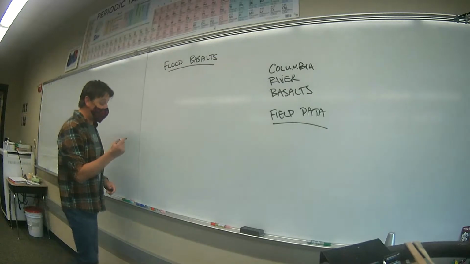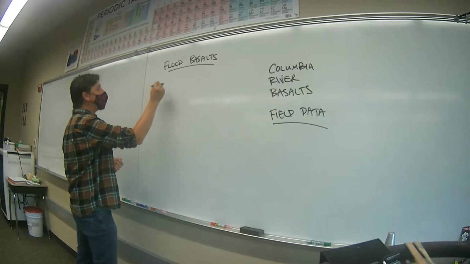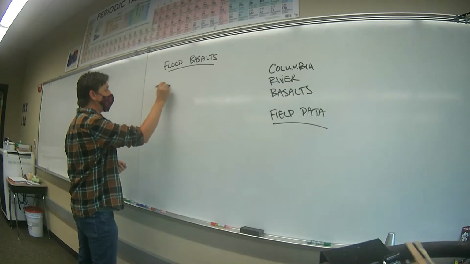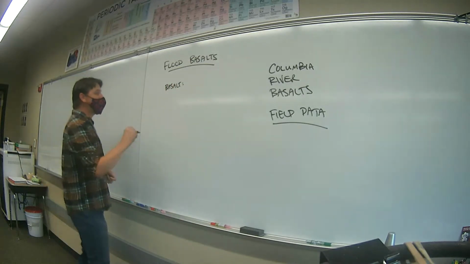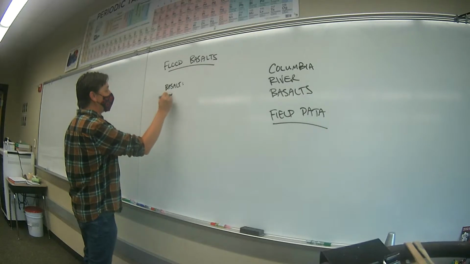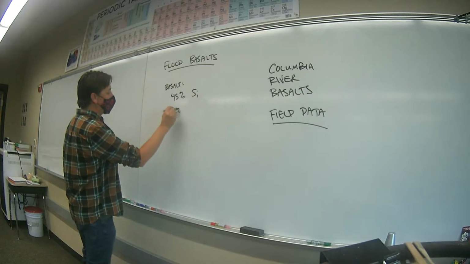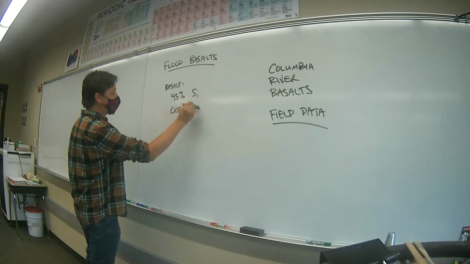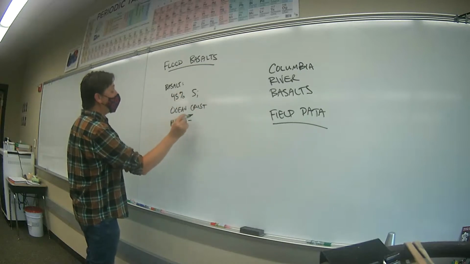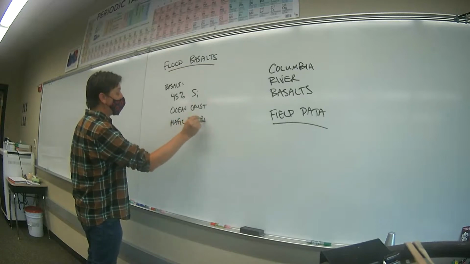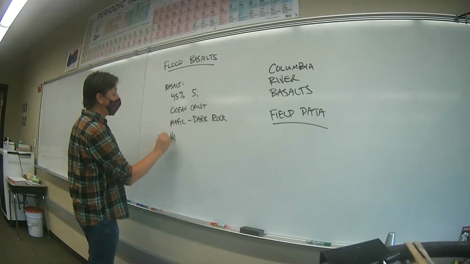Things we know about basalt. Basalt, that's the rock we're talking about. Well, let's see. Little concept map here. We could put together all sorts of stuff. 45% silica. Ocean crust. Mafic. Dark rock. Hawaii.